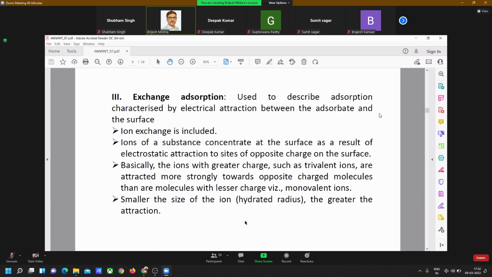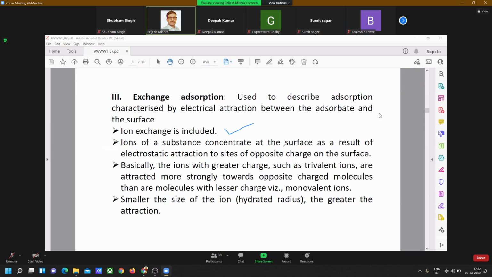So what happens in those reagents? Ions are exchanged. By exchanging the ions, we are able to remove the adsorbate from the bulk solution. So here, ion exchange is included.